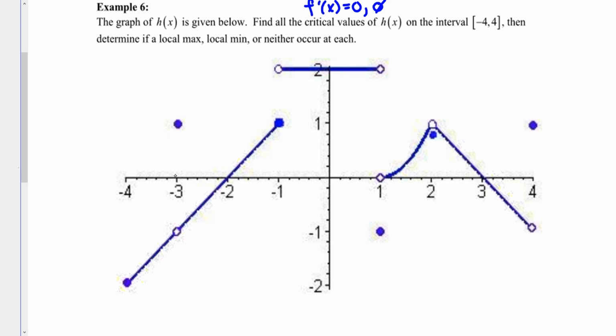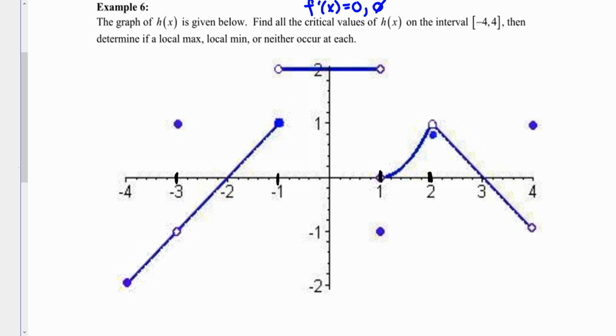I'm just going to say right here at this value, the derivative would be undefined because it's not continuous. Same thing here, here, here. At all of those places, the derivative would either be 0 or undefined.